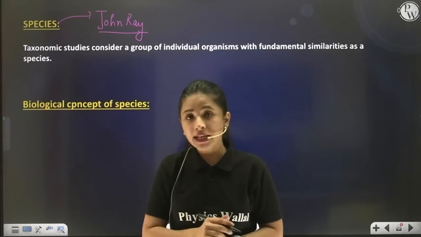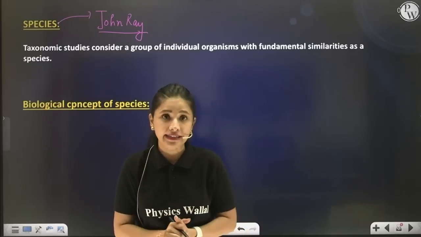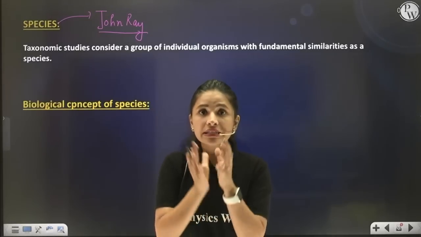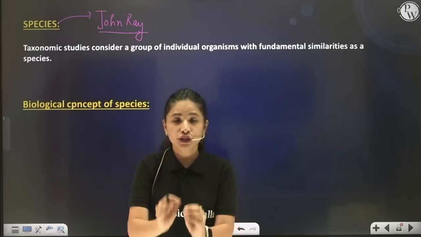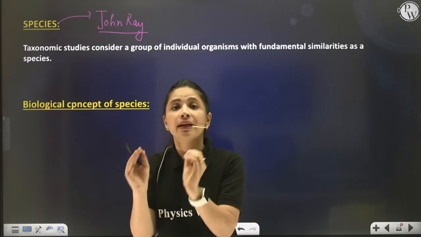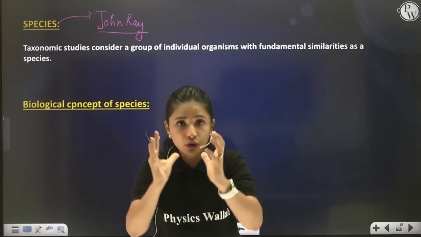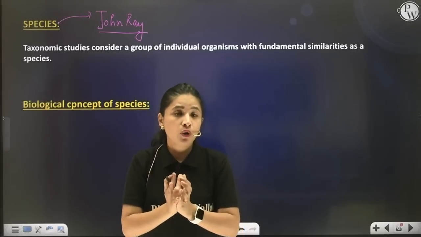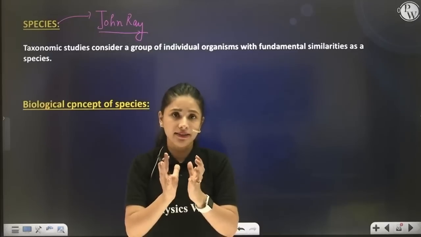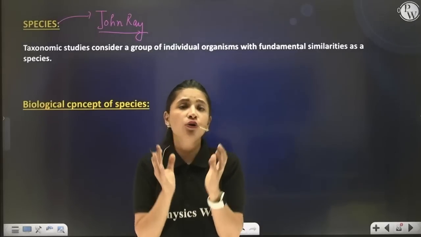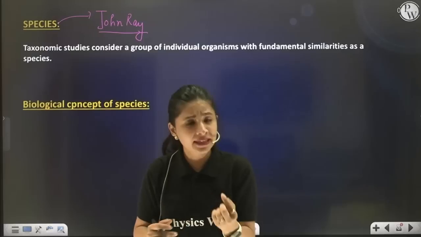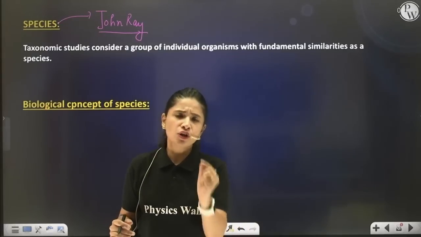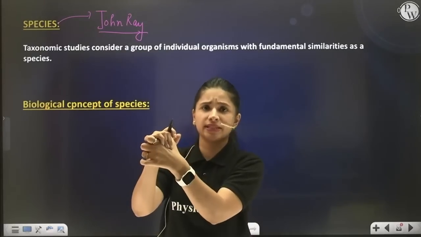Now, how will you define species? Species represent a group of individuals who share maximum similarity, or a group of those individuals who share even fundamental similarities. Fundamental means basic. Even the smallest things are the same among them.